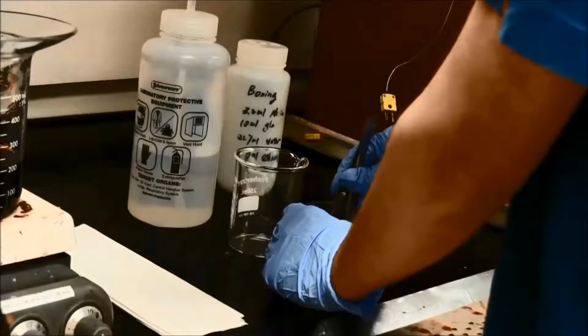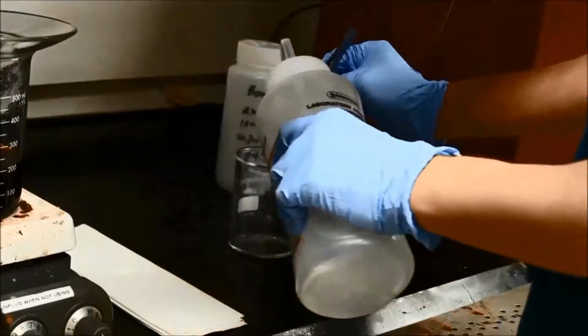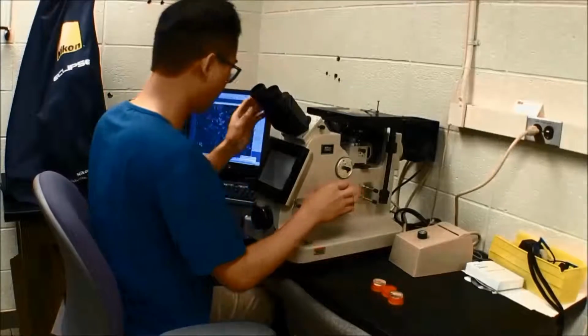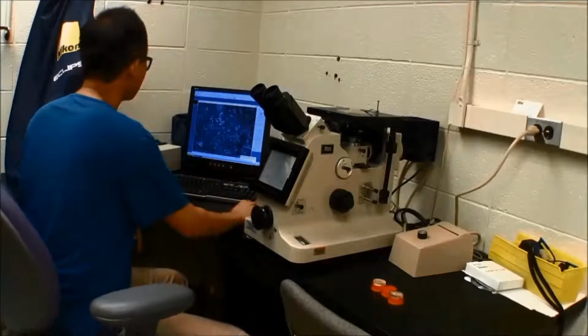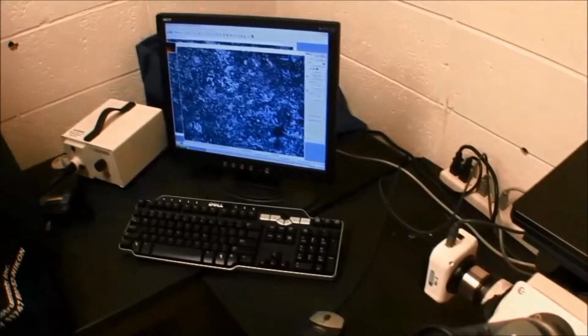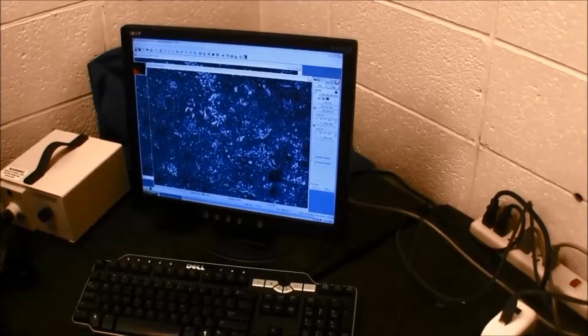The polished sample surface is etched using nitric acetic acid. The final step was to observe the sample surface on an optical microscope. Microscopy images of the sample surface will be collected.